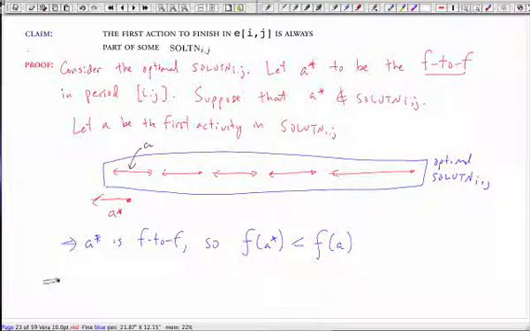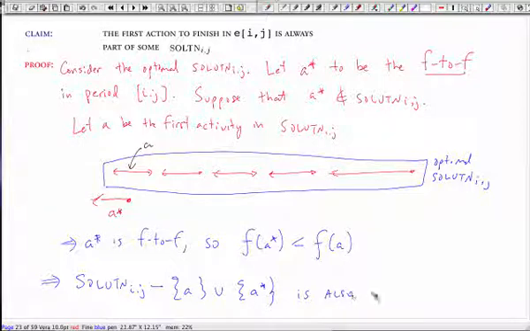And this means that if we take solution and we remove A and we add A star, then that is also going to be optimal.